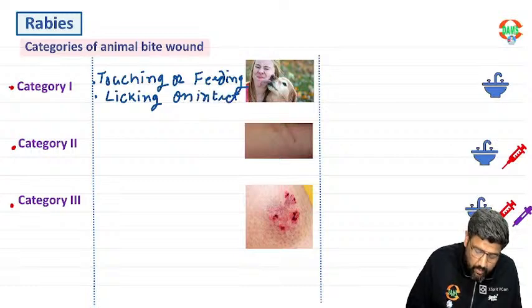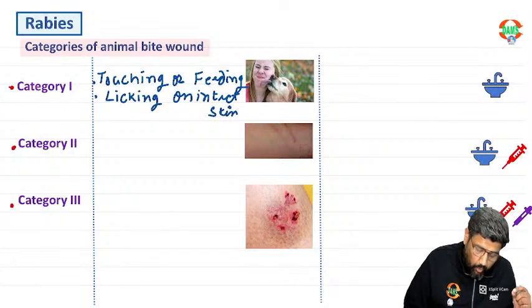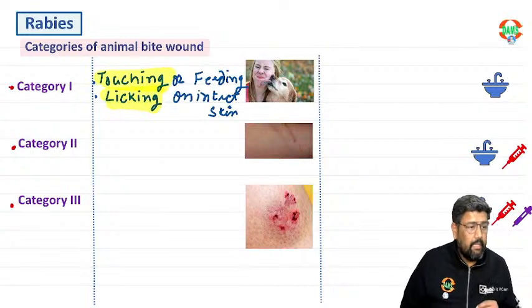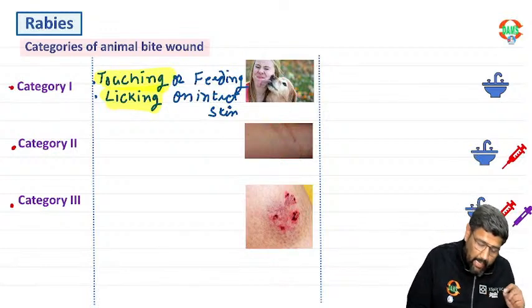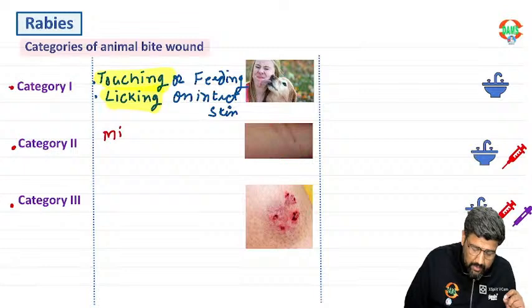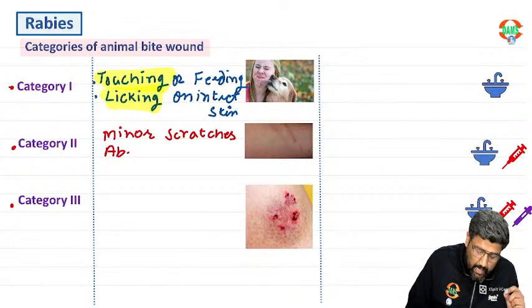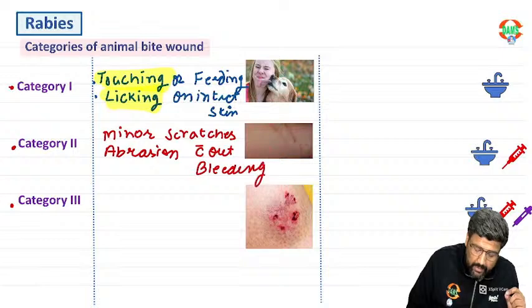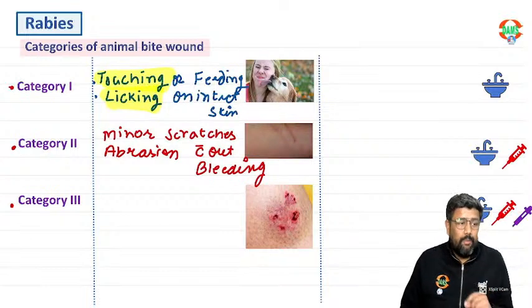Touching or a lick by an animal on intact skin is category 1. Now what is category 2? Category 2 is minor scratches, or abrasion without bleeding.